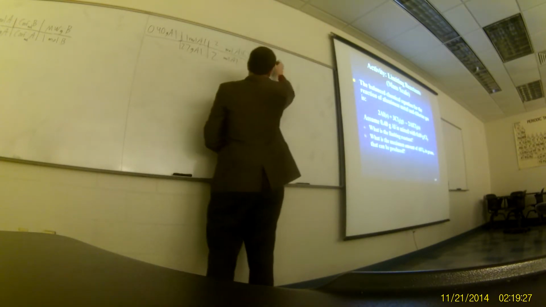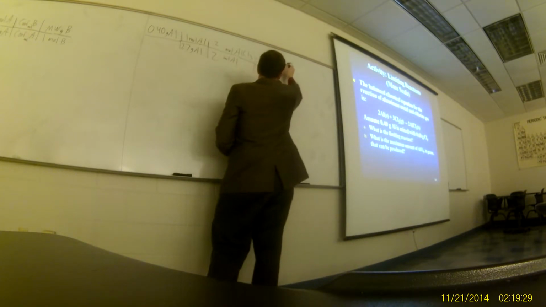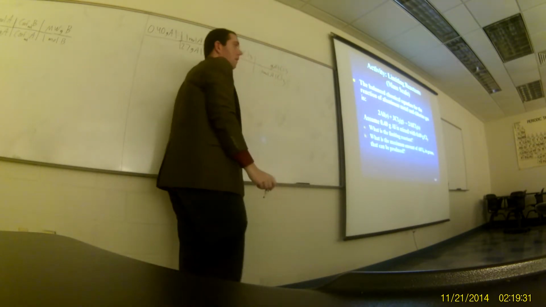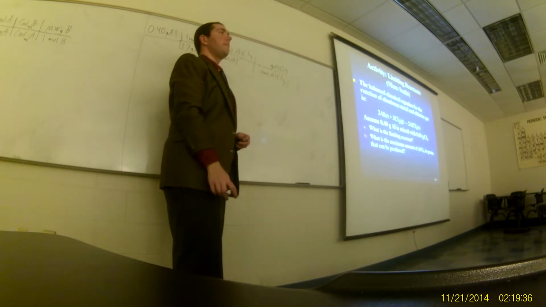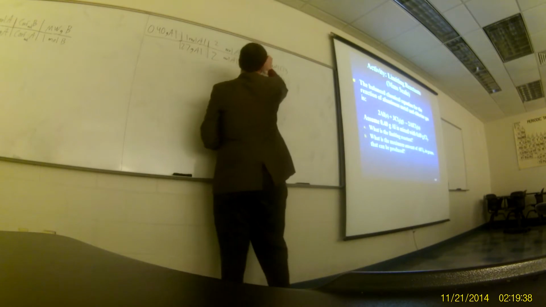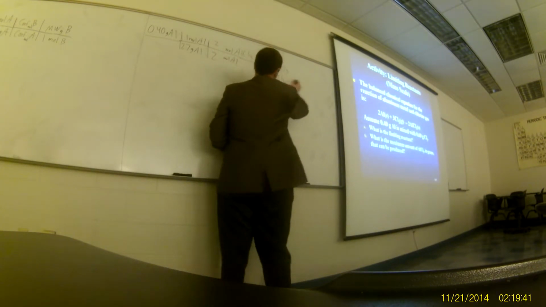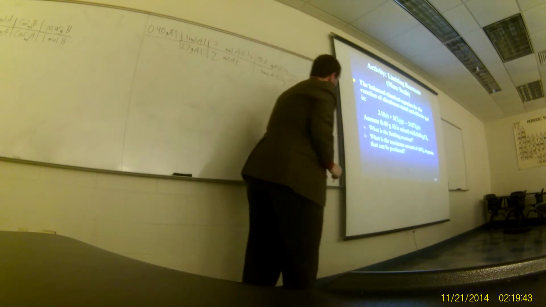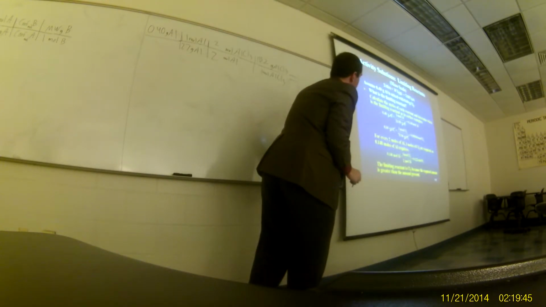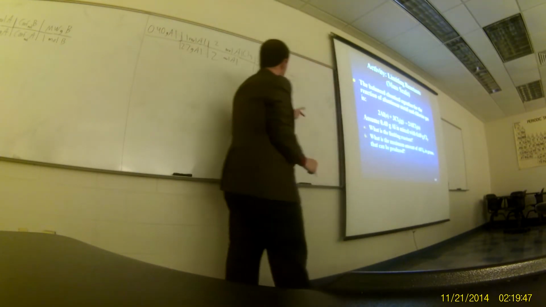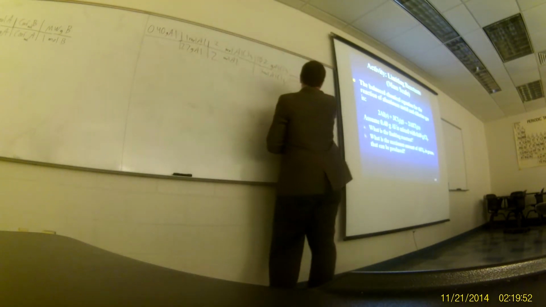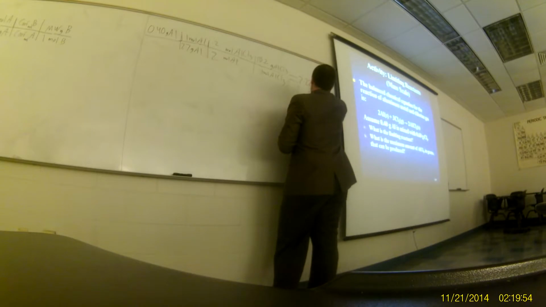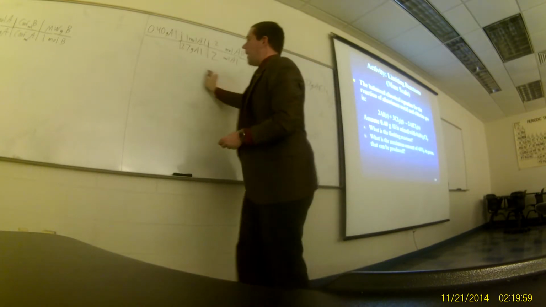What is the mass of aluminum chloride? 133.2. If you do it, what does that come out to be? 2.22 grams of aluminum chloride. So we've got half done.